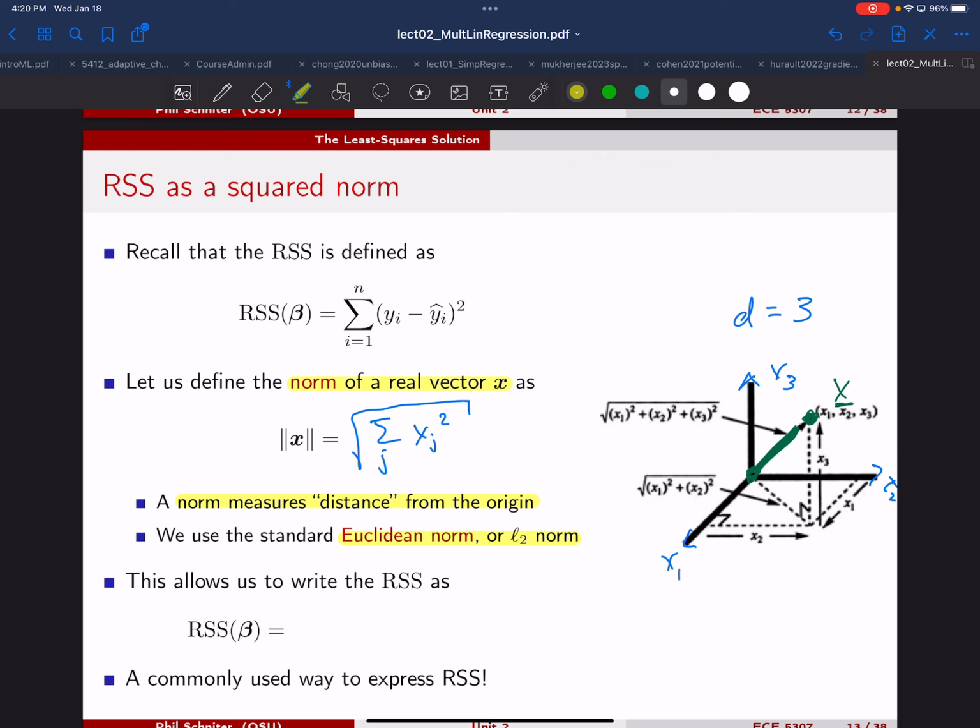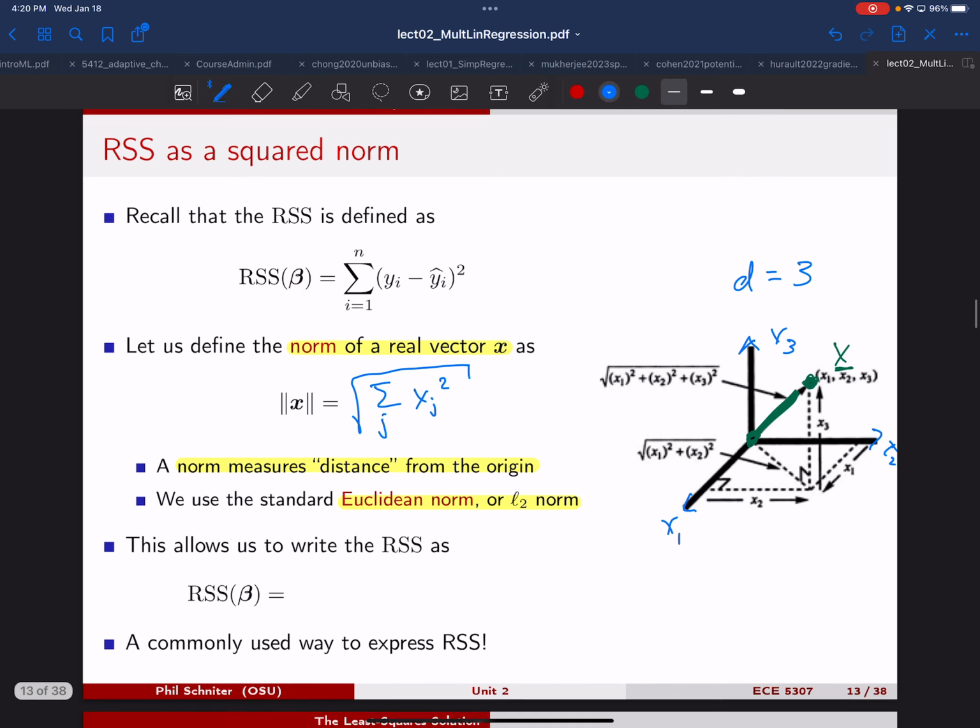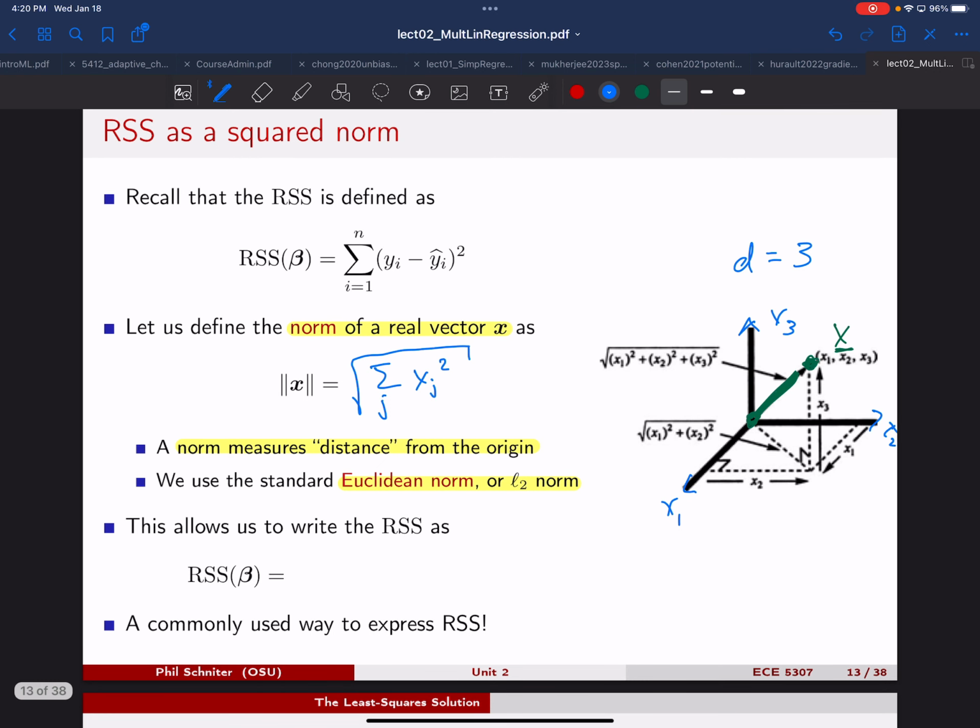So now that we have this concept of the norm, how can I write the RSS as a norm? Any ideas? The norm of the residual squared. Yes. So in this case, we can write the residual as the norm of the y vector minus the y hat vector, squared. Does everybody agree? What if I want to write this in terms of beta?